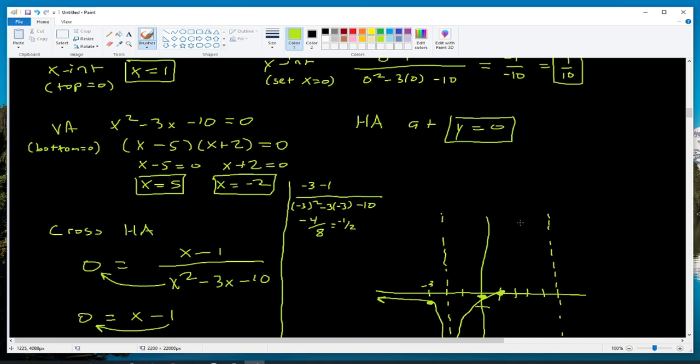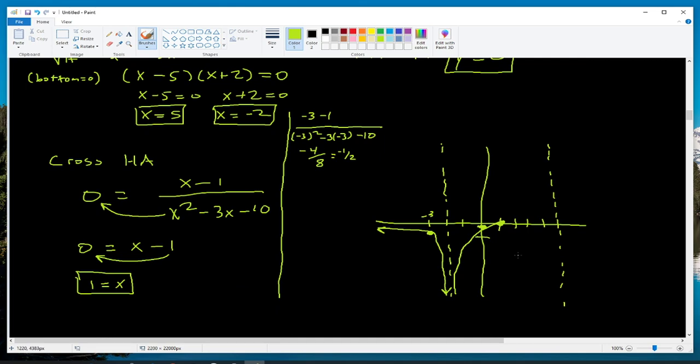Let's look at a number between x equals 1 and x equals 5. So we'll look at x equals 2. If I put 2 in here, I get 2 minus 1 over 2 squared minus 3 times 2 minus 10. 2 minus 1 is 1.